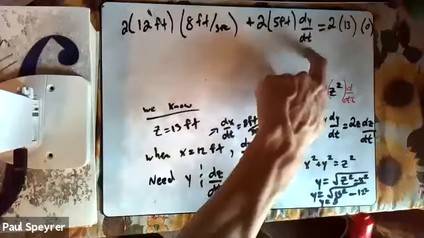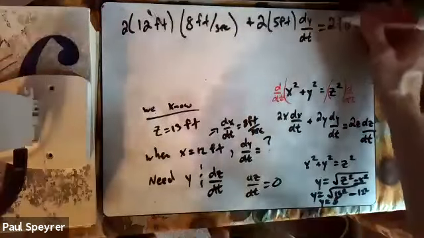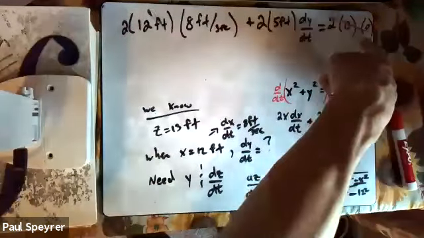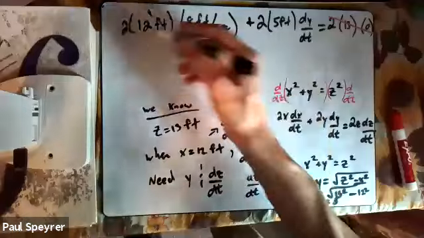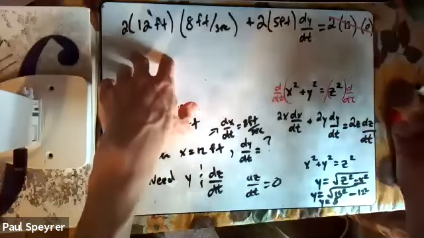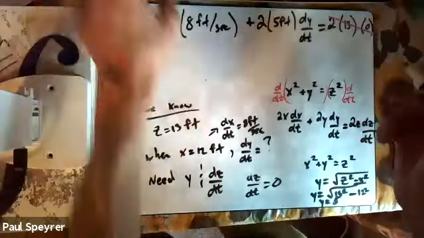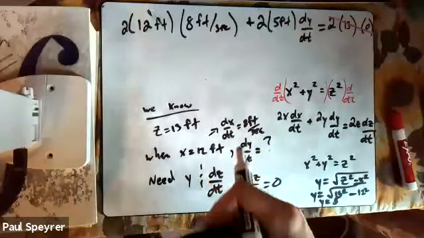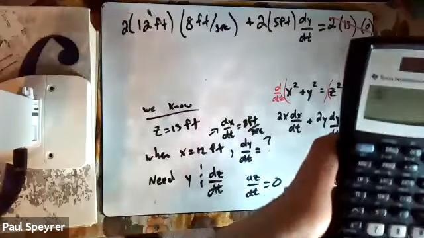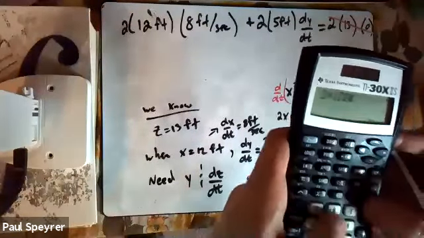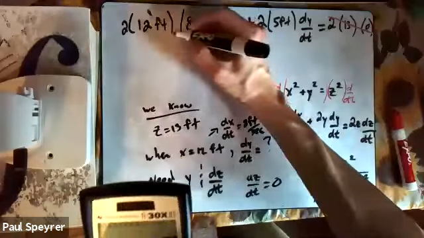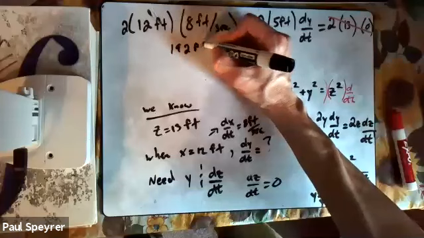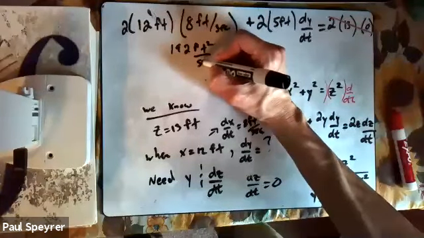So now we solve for dy/dt, right? Well, this is nice because the whole right-hand side's gone. Why? Because dz/dt was 0. And now we basically have 2 times 12 times 8, so we have 192 feet squared per second.